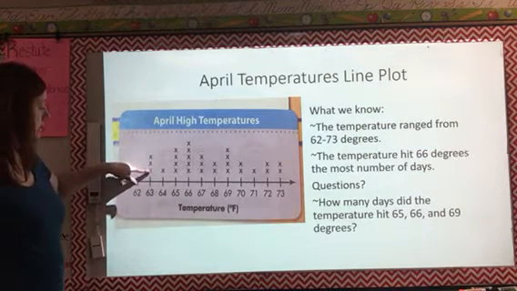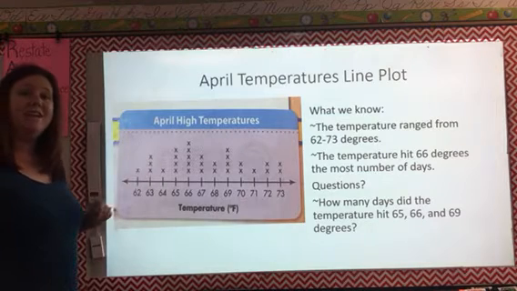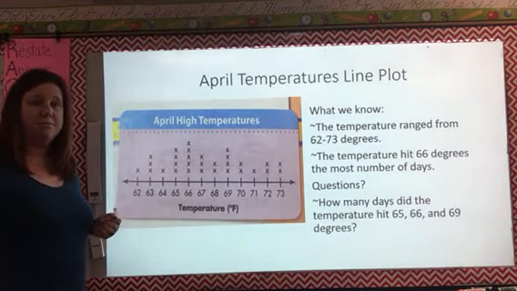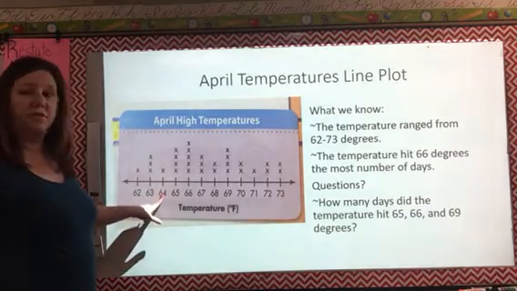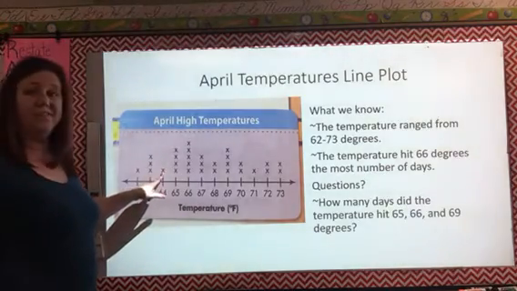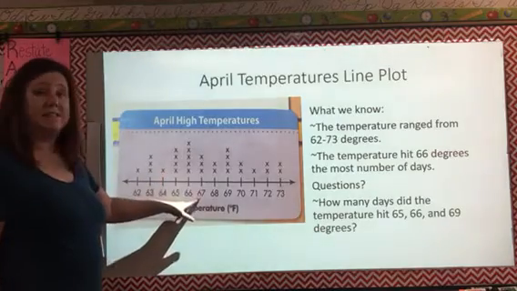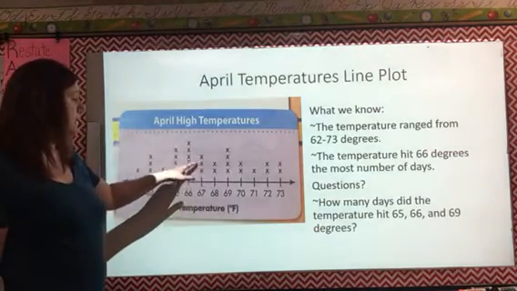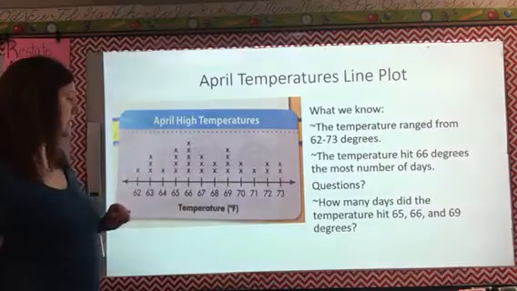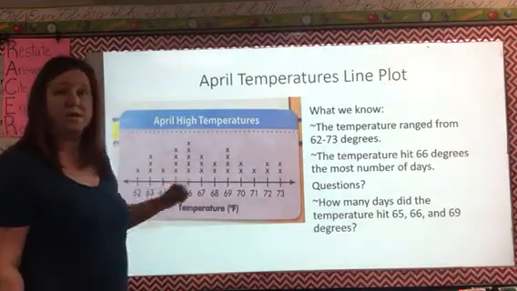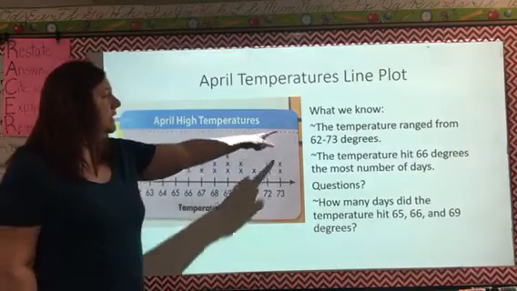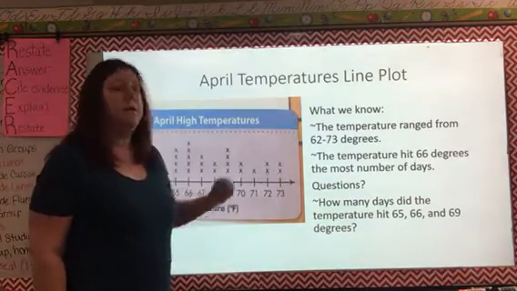And it gives you the temperature right there, okay? Each of these X's is how many days in April the temperature hit that degree. So 64 degrees, it only got there one day. 67 degrees, there were 3 days that it got to 67. 69 degrees, had 4 days, okay? So let's look over here and see what we know.